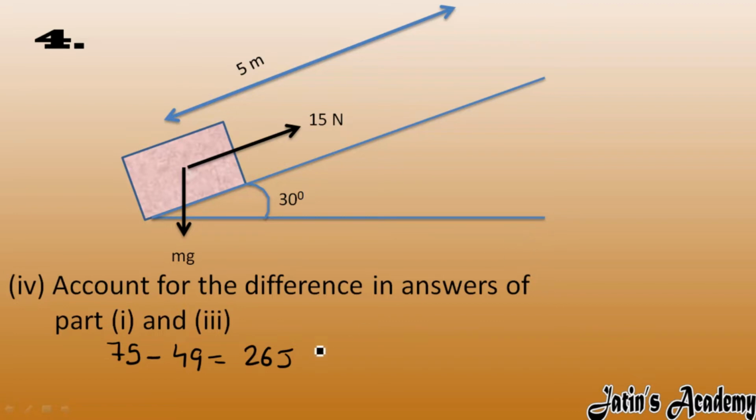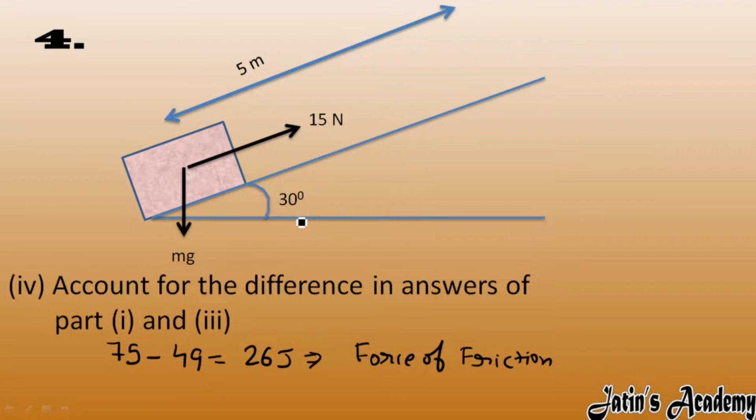So this 26 joule is nothing but the work against the force of friction. Clear? This is a force of friction. Friction is applied by the rough inclined plane on the block. So to overcome the friction, some force is required, and to overcome this friction, work done is also required. So this work done is basically to overcome the friction.